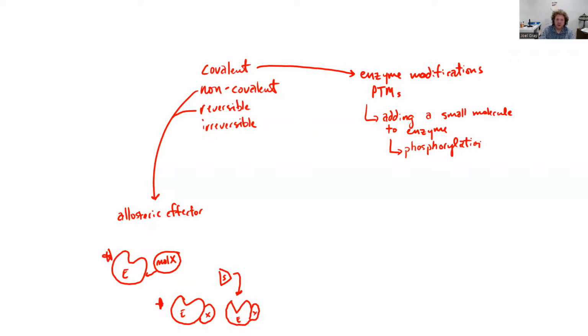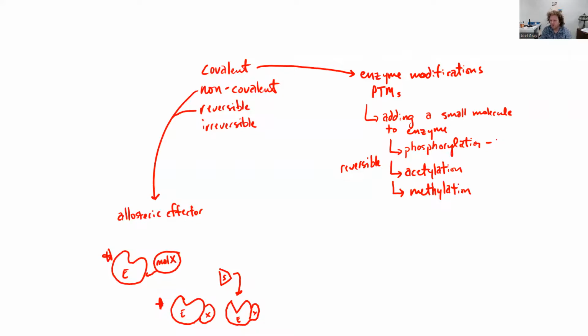Phosphorylation is one. Another example of a covalent modification would be acetylation, as well as methylation. Now, these right here are reversible. A phosphorylation is going to be a phosphate group.